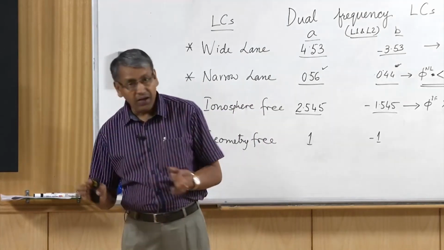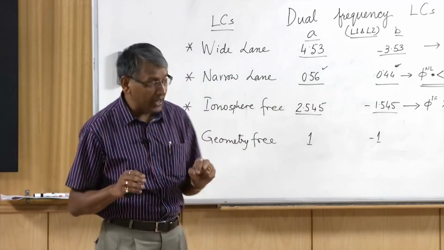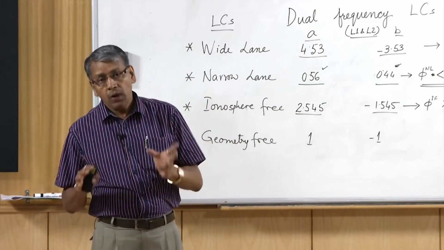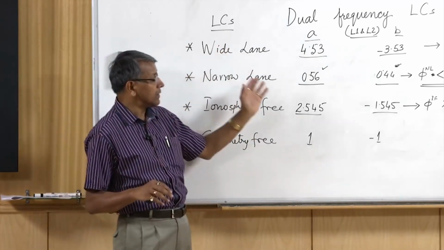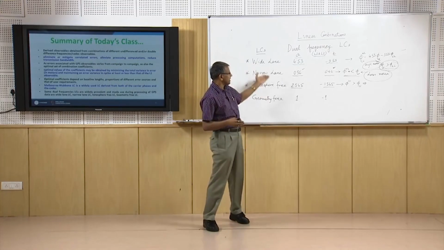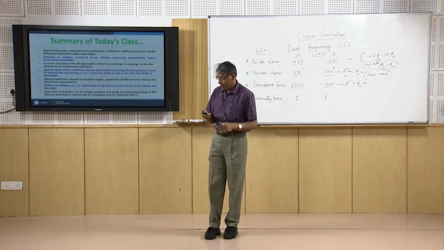And there are some other dual frequency linear combinations available like wide lane, narrow lane, ionosphere free, geometry free, etc., which have their own characteristics, and depending upon the need we can make use of these different types of linear combination to serve our purpose.